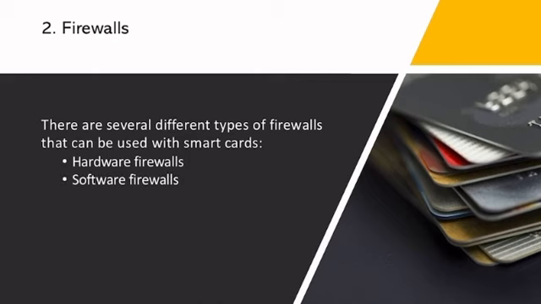Number 2, software firewalls. They are programs that are installed on a device and can be used to control incoming and outgoing traffic on a device. Third, hybrid firewalls, which are a combination of hardware and software firewalls. They can be used to provide an extra layer of protection for a network.